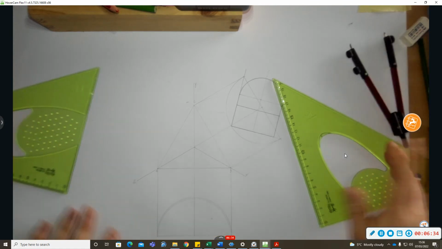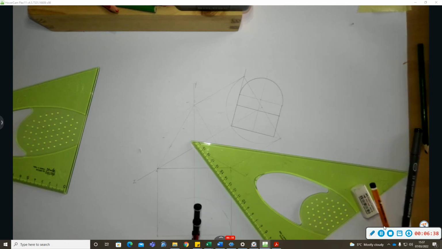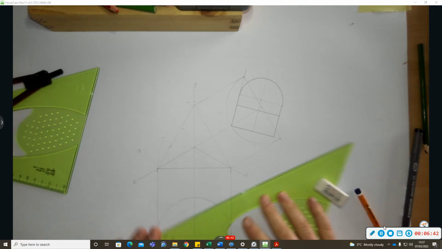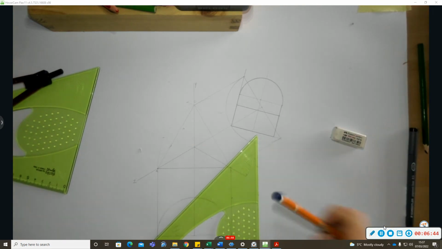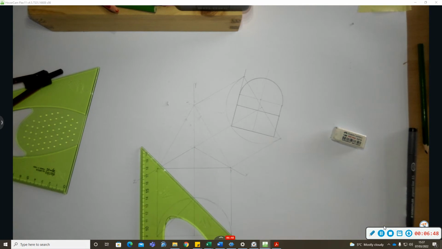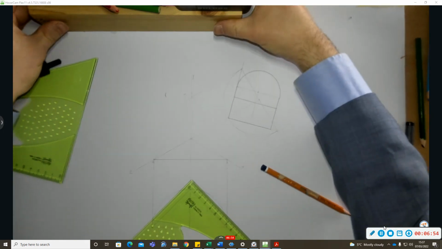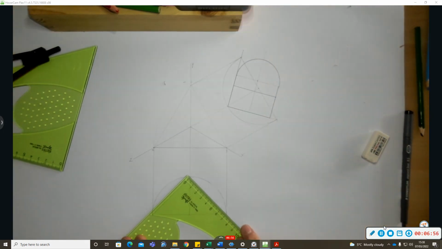Okay, just now, so 45 degrees set square, and we can set up our plan. So it's 60 in length, as it's 60 in length in elevation, and it's 25 thick.